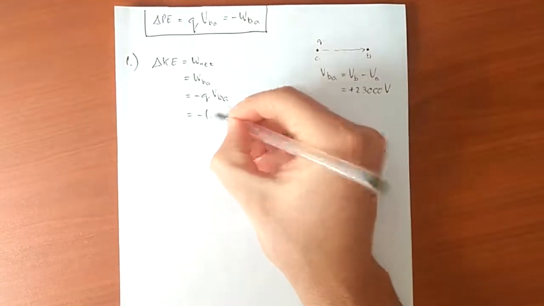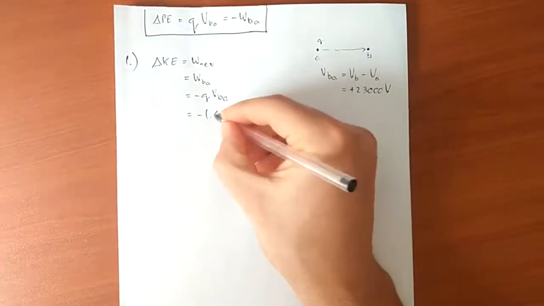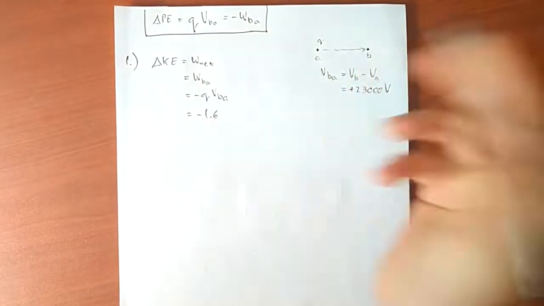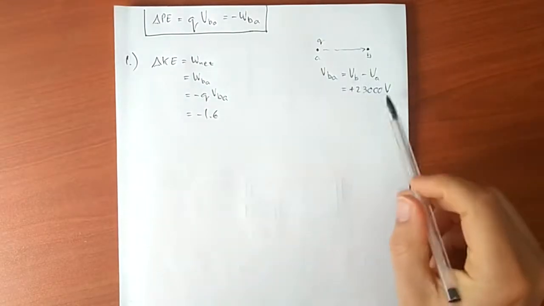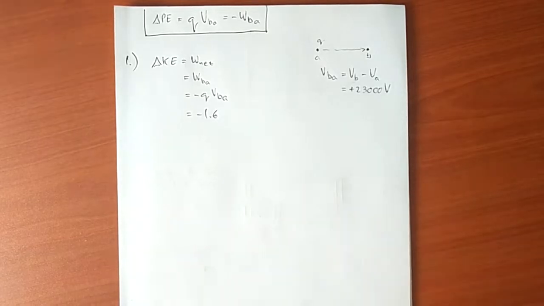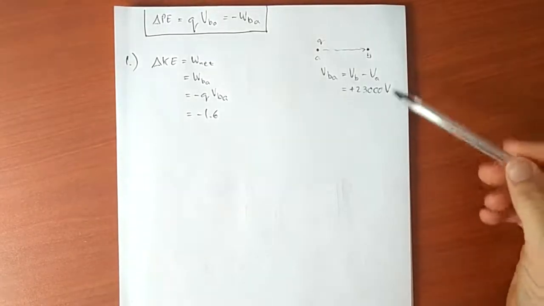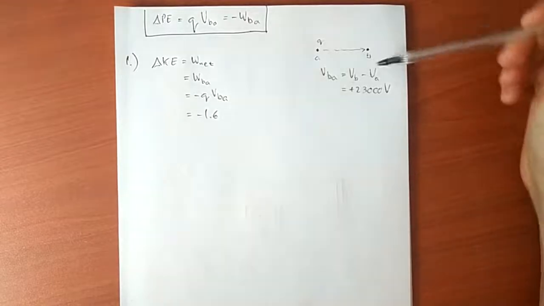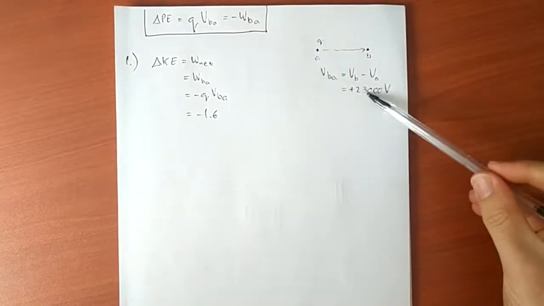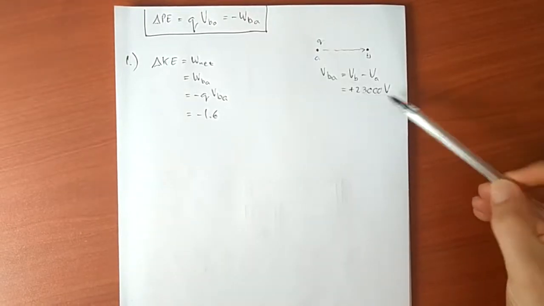This is minus 1. Well, am I going to just use 1.6 or 1.602? Well, how many significant figures do I have in the data that's given? The 23,000 volts, it's not clear exactly how many significant figures that is. It could be just a 2 and a 3, or it could be the 2, 3 and the 0. Not sure.